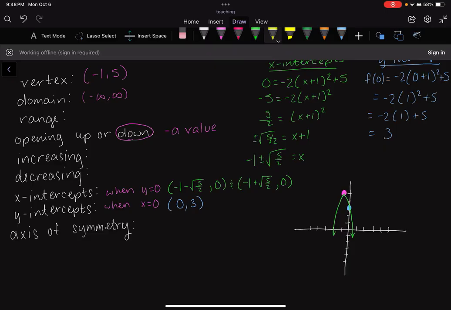So our graph, our range, goes from negative infinity, and then the highest point is 4. So that's negative infinity to 4, bracket on that 4. When we talk about increasing and decreasing, we're talking about where does it look like it's going up, and where does it look like it's going down. So it looks like it's going positive slope on the left side.